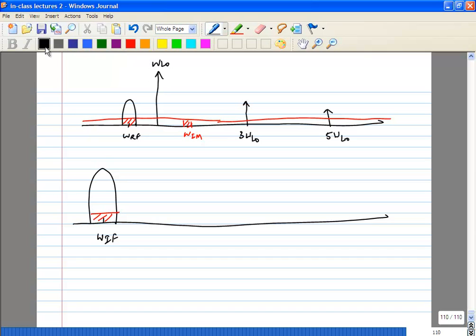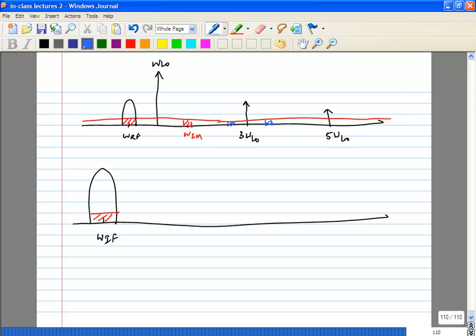Now remember that the signal in the bottom transistor is getting multiplied by not only omega LO, it's also getting multiplied by 3 omega LO, 5 omega LO, and so on. So what's going to happen is, if you have some noise which is omega IF away from 3 omega LO, that is also going to get down converted to IF.